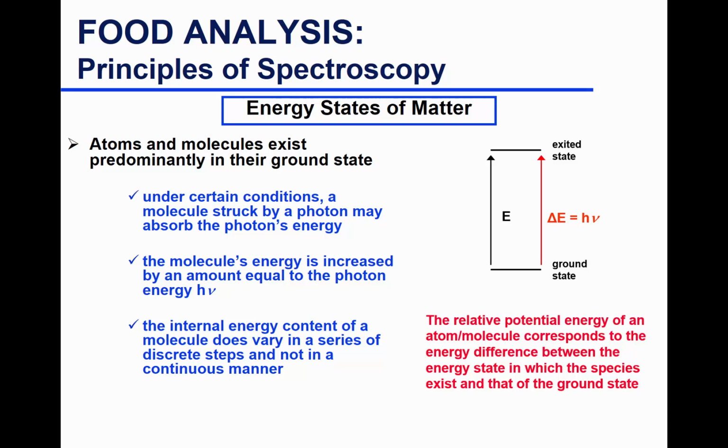So the internal energy content of a molecule varies in a series of discrete steps and not in a continuous manner. That means there are discrete levels of energy that are not necessarily continuous. And every atom or molecule has unique discrete steps of potential energy that it can change from one level to the other.